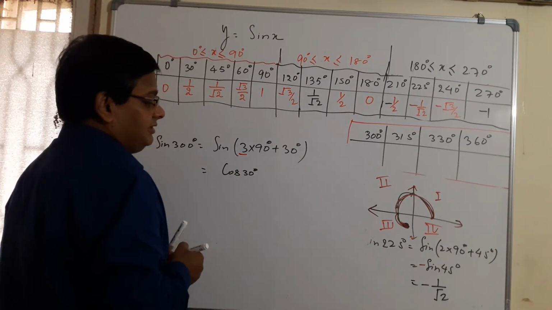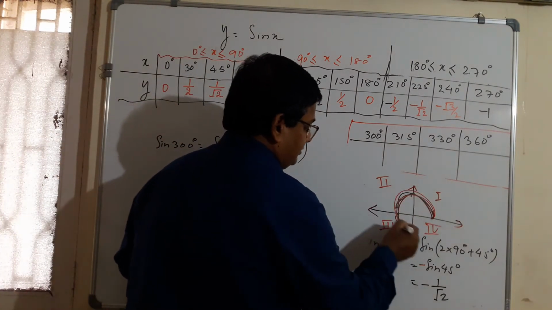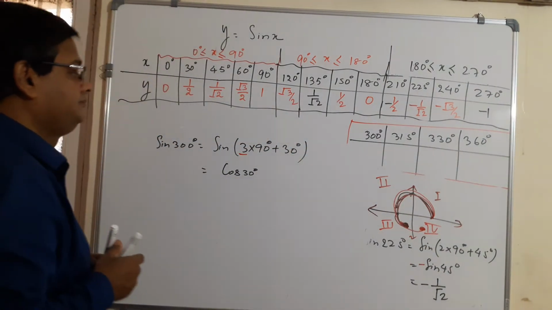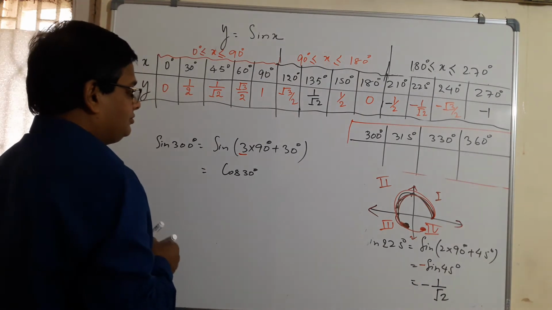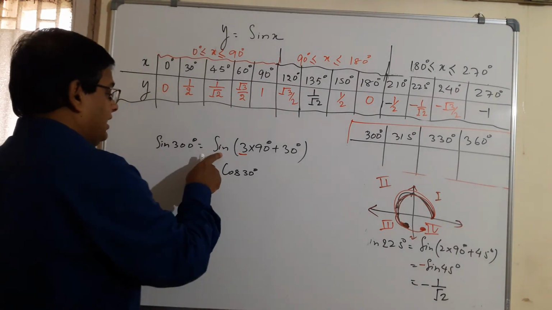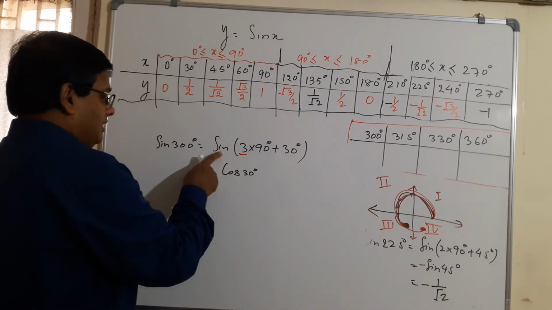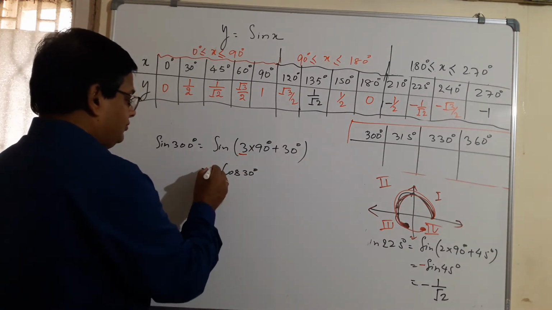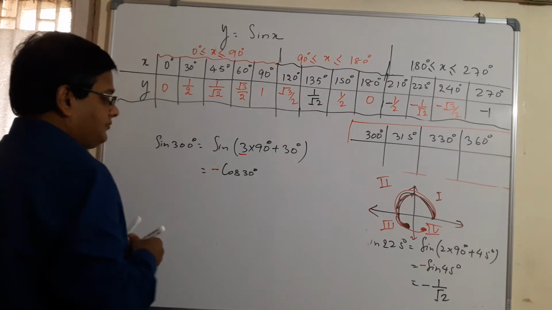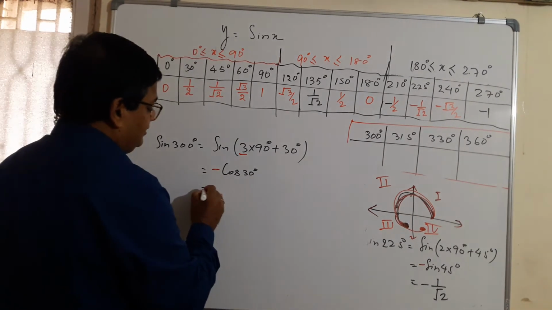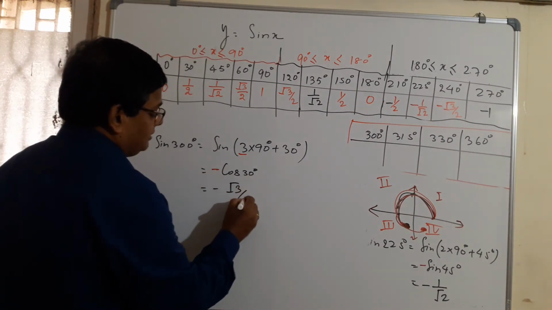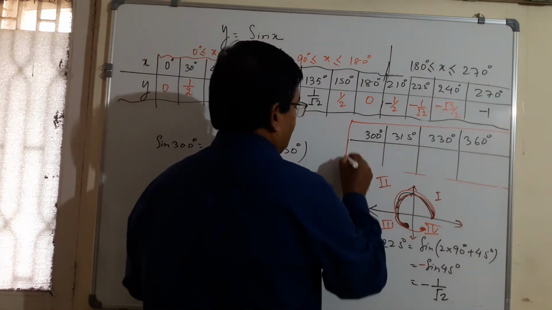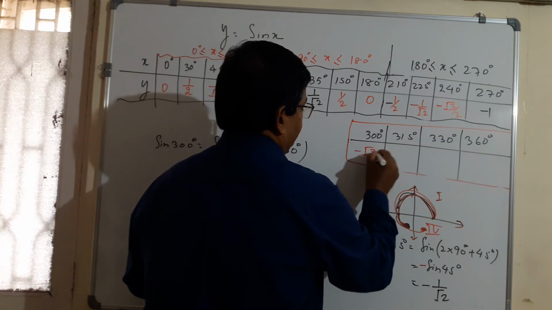Now 3 times 90 plus theta lies in the fourth quadrant. Here we are finding sine, and sine is negative in the fourth quadrant, so minus sign. Cos 30 degree is root 3 by 2, so it becomes minus root 3 by 2.